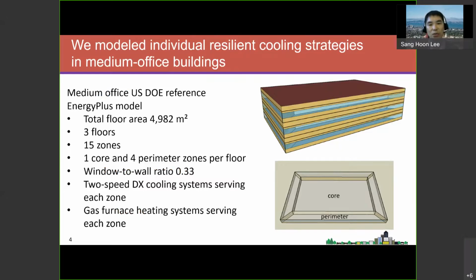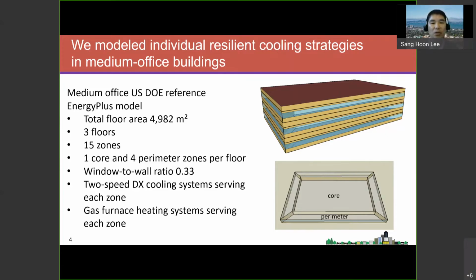Each floor has 1 core zone and 4 perimeter zones, one for each orientation. The window area is about 33% of the total envelope area. The HVAC system serves each zone with a DX system for cooling and a gas furnace for heating.